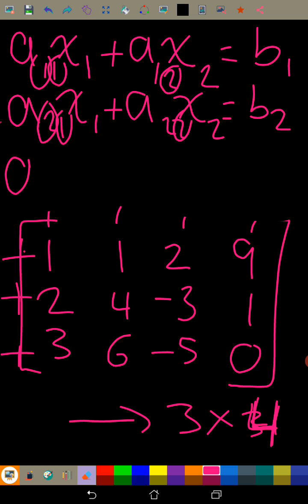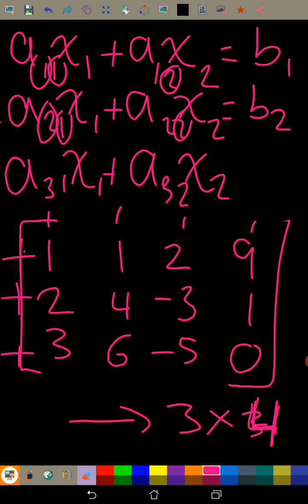Let's try another one. a31 x1 plus a32 x2 is equal to b3. By looking at this number here, we can already see that it's in the third row, but the first column.